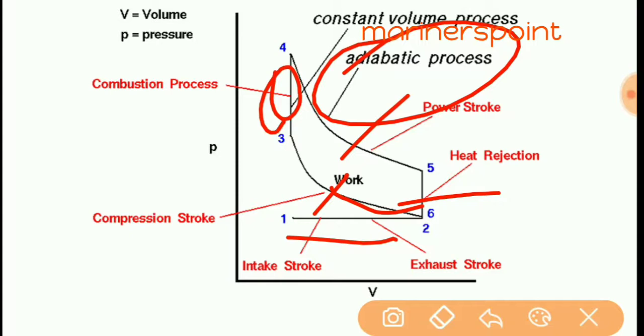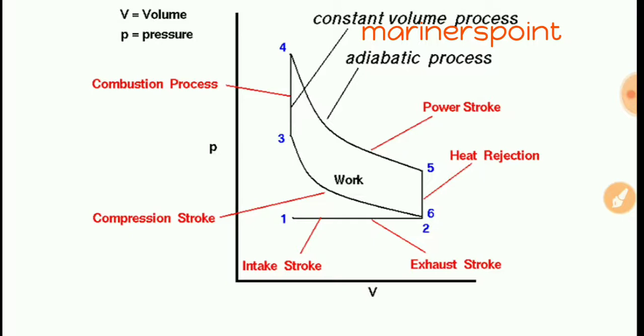But actually it does not occur, because heat is added and heat will be removed. We have jacket water, so heat will definitely be removed, for isothermal in some cases. In the diesel cycle we use jacket water. Okay, and this is the actual Otto cycle.